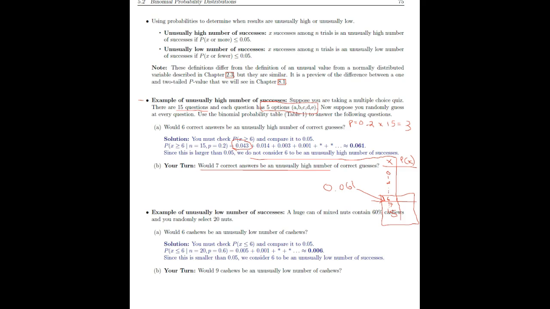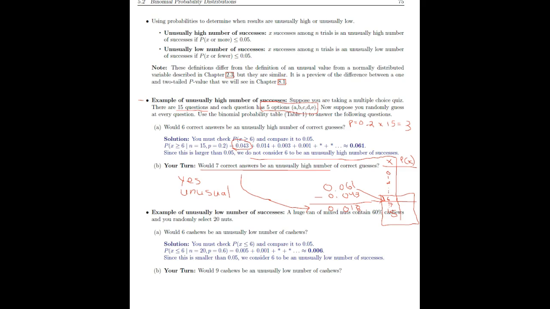Well, it's going to be 0.061 minus 0.043, which turns out to be 0.018. So the probability of getting 7 or more correct answers is 0.018. That is a very low probability, and it is less than our threshold of 0.05. So yes, it is unusual.